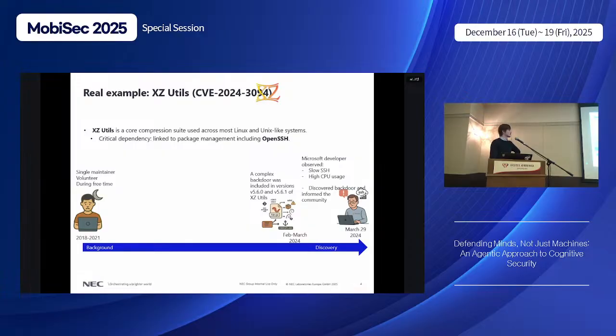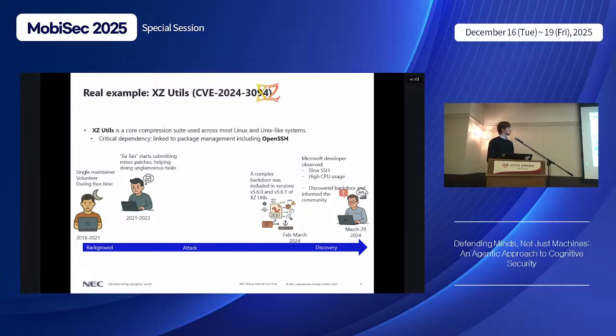It was maintained by one single person working as a volunteer during their free time. They were working by themselves until 2021, when a user named Jia Tan started submitting minor patches, helping with unglamorous tasks, and doing all the cumbersome jobs.